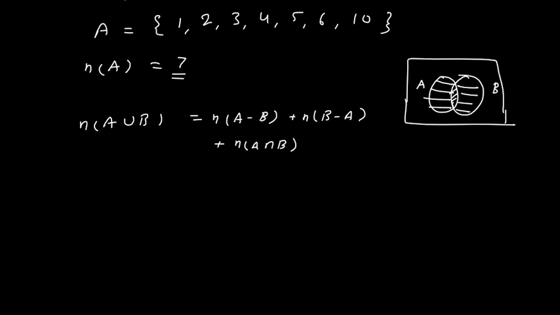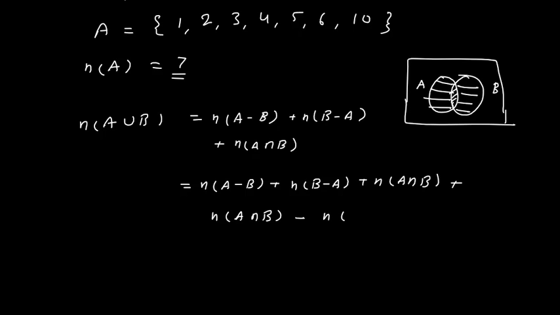Now what I will do is add n(A intersection B) and subtract it. So this equals n(A minus B) plus n(B minus A) plus n(A intersection B) plus n(A intersection B) minus n(A intersection B). The n(A minus B) plus n(A intersection B) add up and give me n(A). Similarly, n(B minus A) and n(A intersection B) add up and give me n(B), minus n(A intersection B).